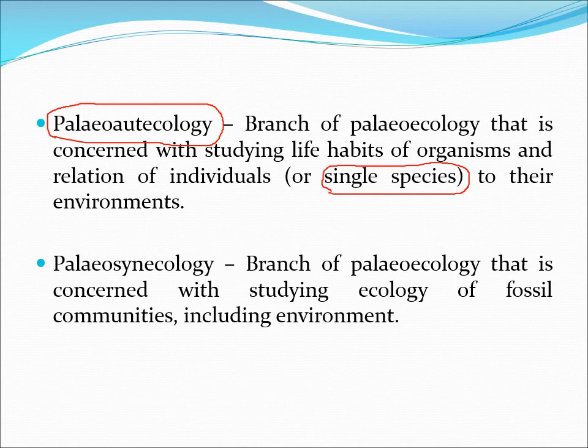Suppose we are trying to study the ecological conditions of tiger. So we are only focusing tiger along the entire forest environment. We are not considering any other animals within that forest. So here we are only focusing on a single species, on a single biological entity. That is fall under paleoecology.